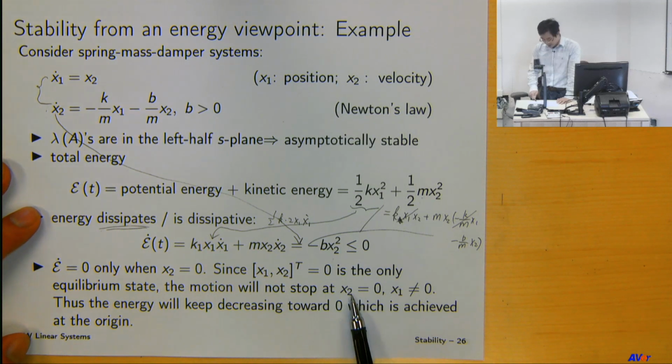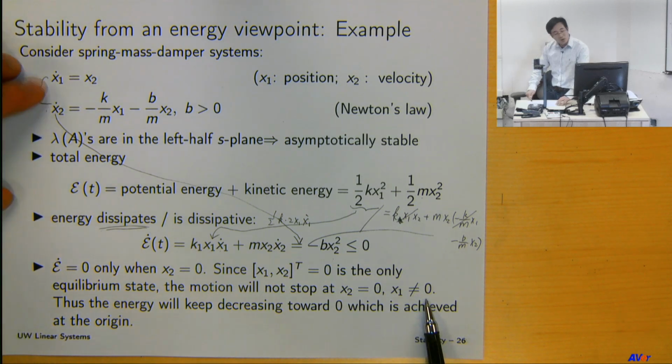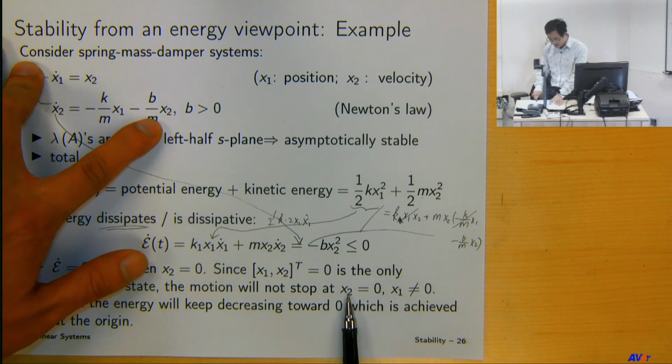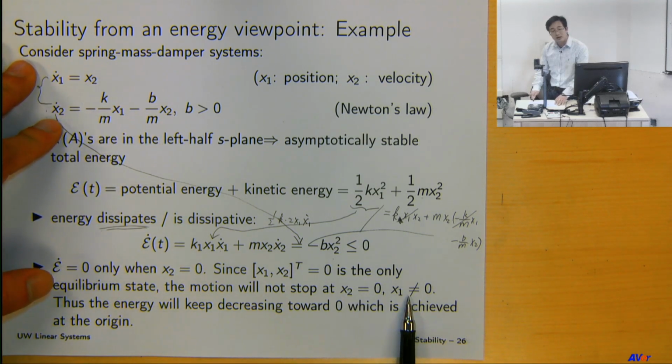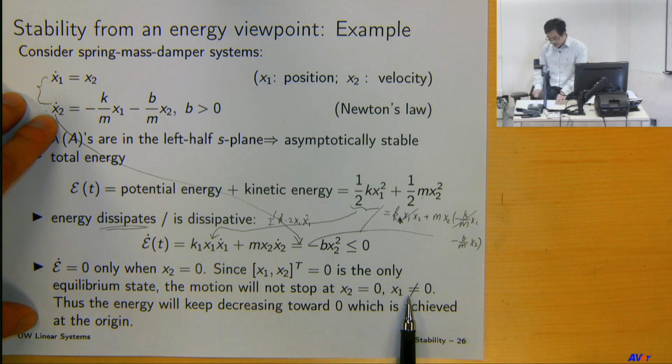Suppose at some point your velocity is 0 and your position is not 0, then your motion is not going to stop, right? The velocity is going to continue to change. There will be acceleration. So the system is not going to stop at any point other than this point.